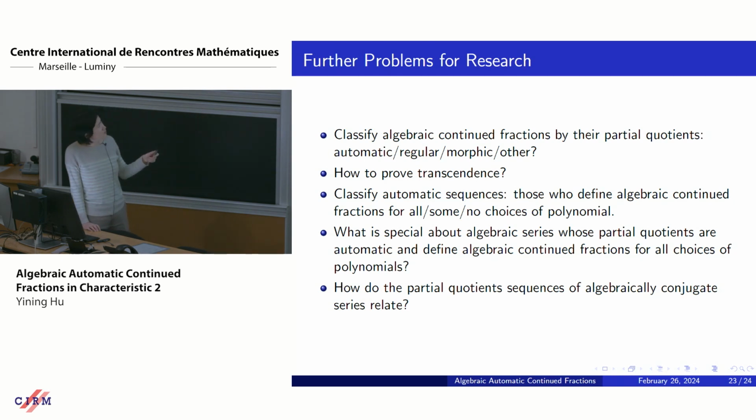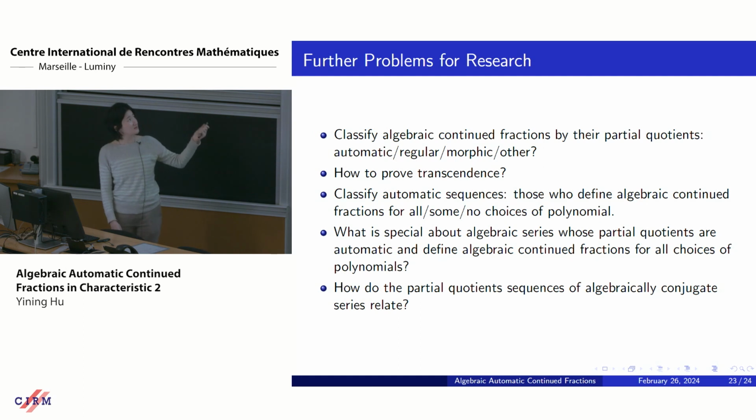For example, I would like to classify the algebraic continued fractions by their partial quotients. We just mentioned that sometimes it is automatic, sometimes it is regular or morphic, or sometimes I don't see a pattern at all. And I also mentioned multiple times that we believe that such a sequence defines a transcendental continued fraction, but we were never able to prove it.